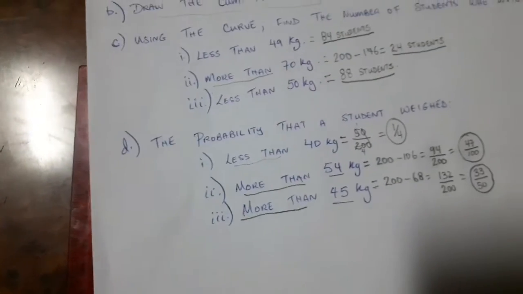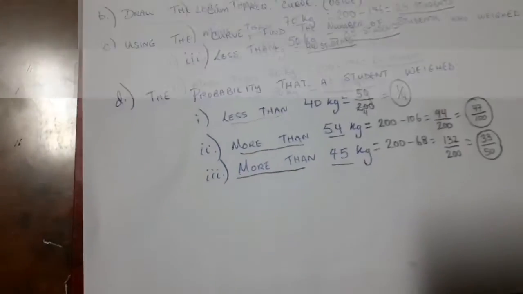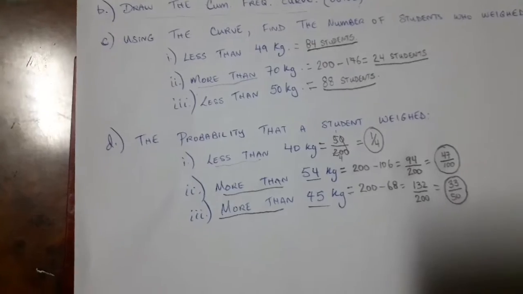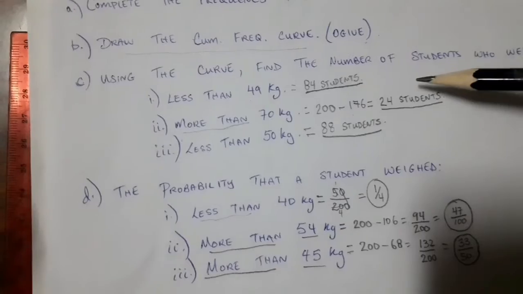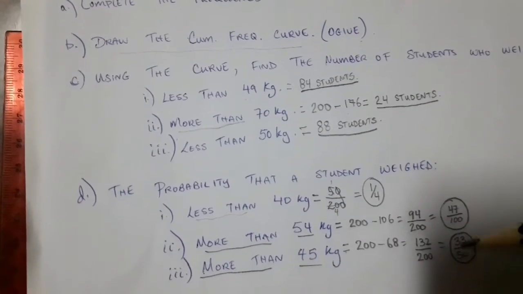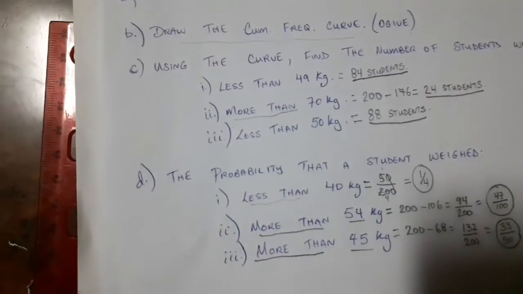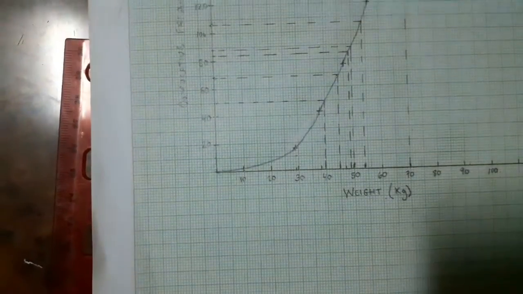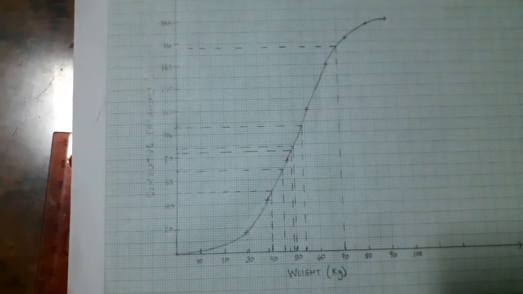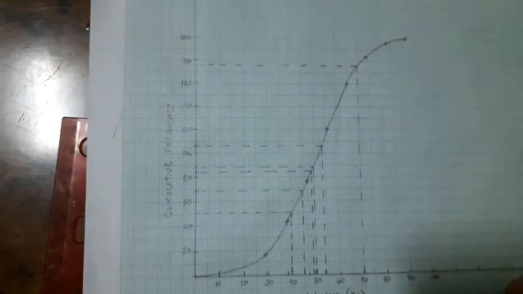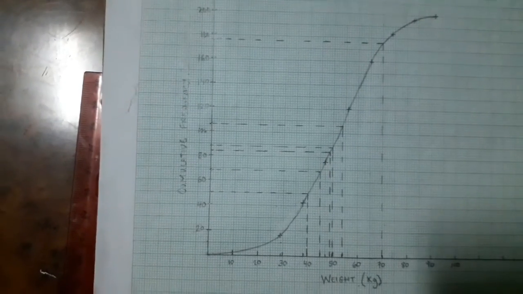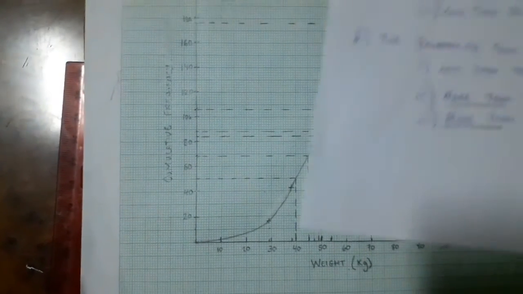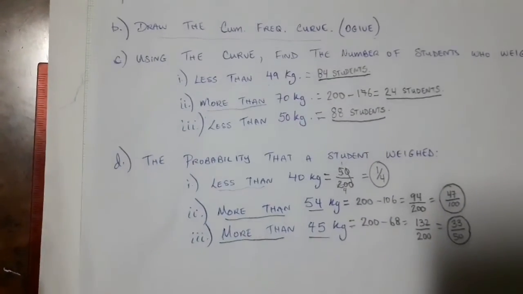One of the things that you will be noticing for these questions is that your answers will not be perfect with mine, and that's why I need to see your cumulative frequency curve. Even though they are not perfectly correct or exactly the same thing that I will get, when your answers are close to what they're supposed to be, you will get the full marks.